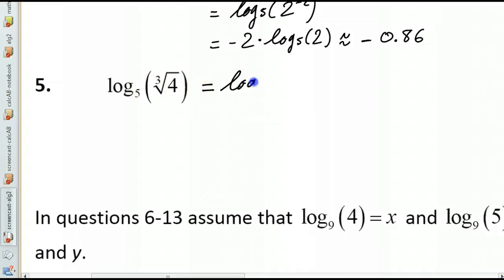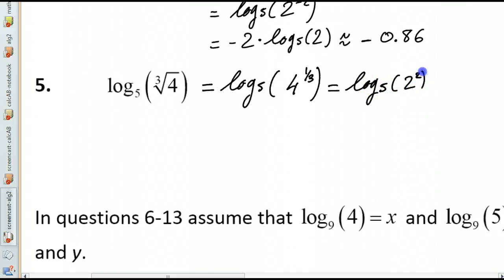So this is log base 5. Okay, I'm gonna take care of the cube root first. 4 to the 1/3. I don't know log base 5 of 4, right? I can take the 1/3 out, but I don't know the log base 5 of 4, so let me rewrite 4 as 2 squared to the 1/3. Now let's apply the rule of exponent. Okay, you multiply the exponent.